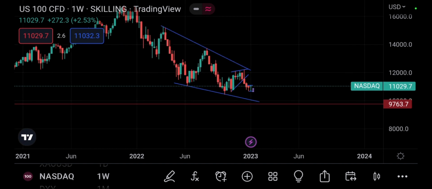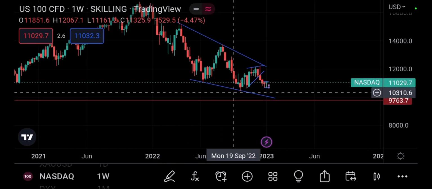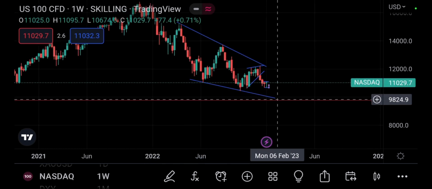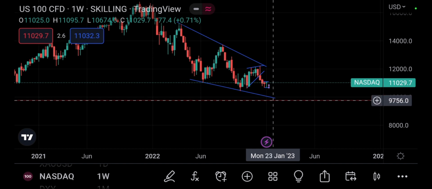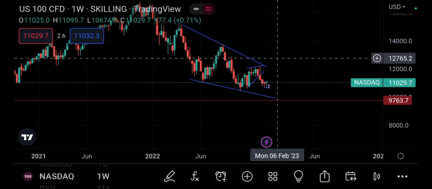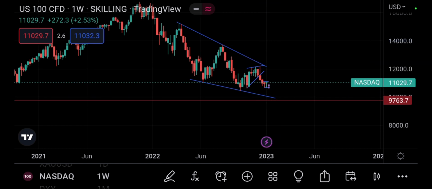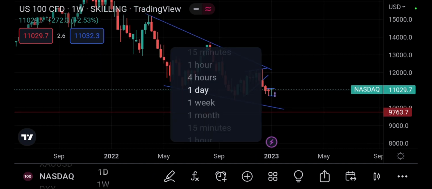I see we've got our first touch, second touch. Now we're anticipating to receive the third touch here. However, it doesn't have to always touch. It may create a double bottom and then shoot all the way to the upside, right? Okay, now that we've gotten that, let's move on to our daily time frame.